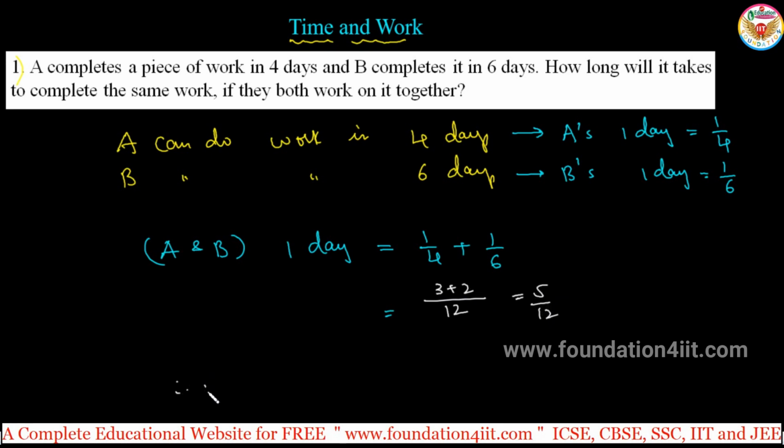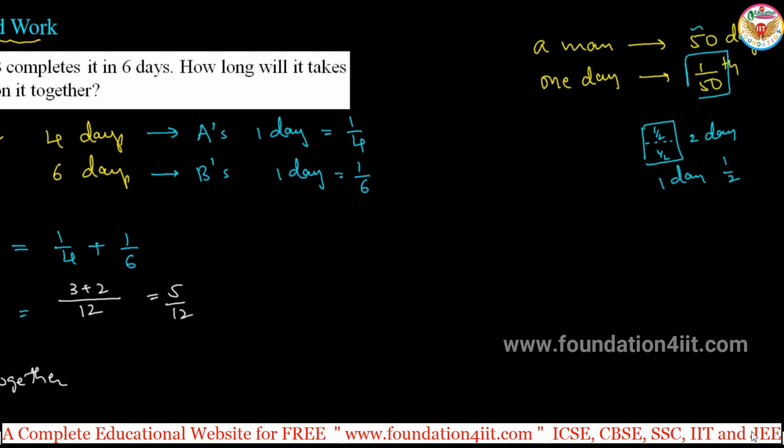So A and B together, just take the reciprocal of this number. As in the previous example, if a person does 1/50th in 1 day, the person can do the work in the reciprocal number of days, 50/1, that is 50.